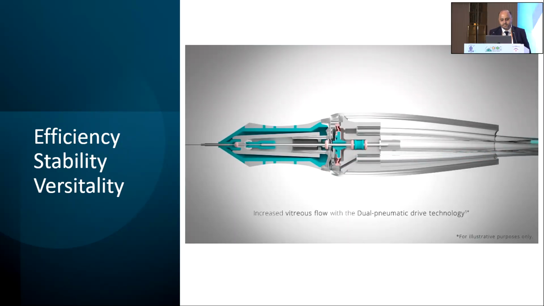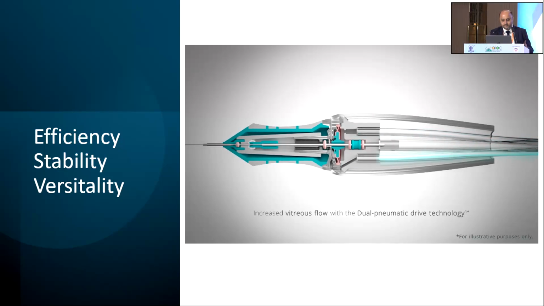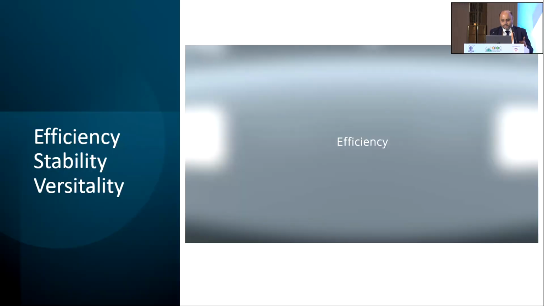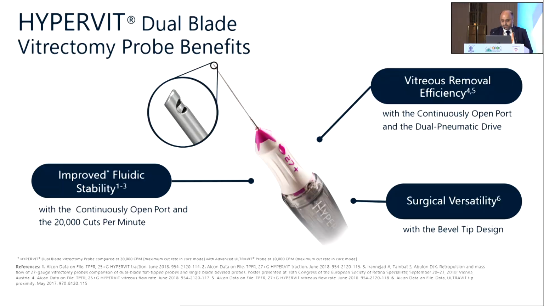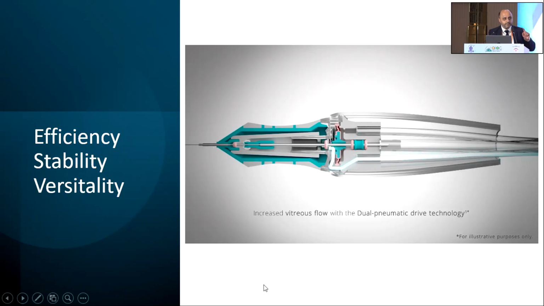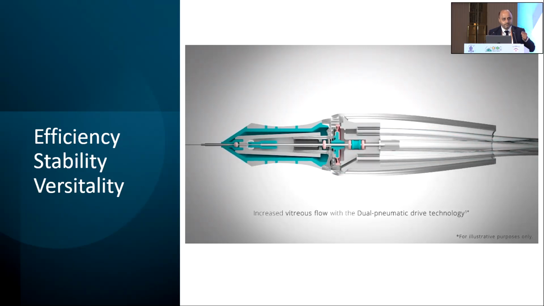The difference between this cutter and the TDC cutter is that the TDC cutter, when it goes out it is active, but when it comes back it is passive.